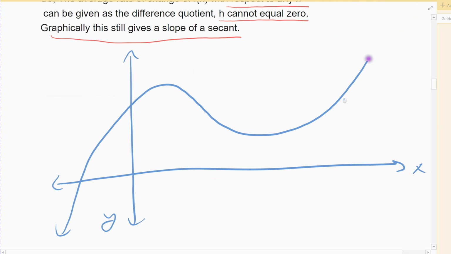So I had a cubic function. I could pick anywhere on this function, anywhere I want. So suppose I pick this as my starting point. That would represent any x value. That would be x, f of x. Any point on my curve I could have chosen. And then I pick a distance from x. And so I go over here, and this would represent x plus h. So this distance here is h.